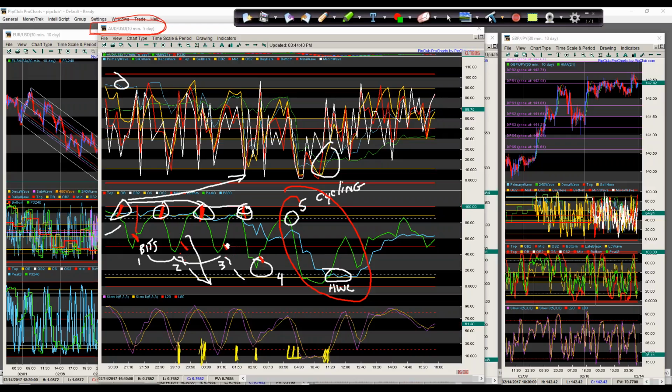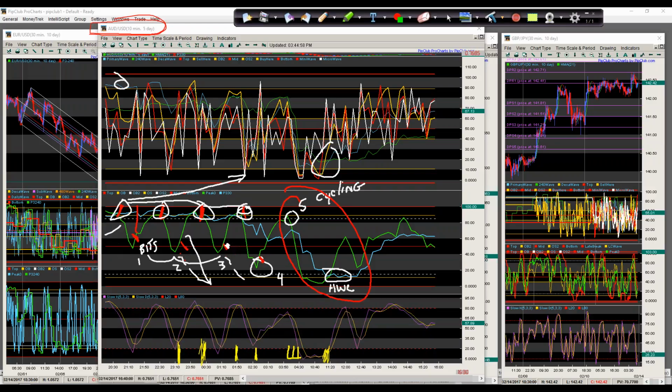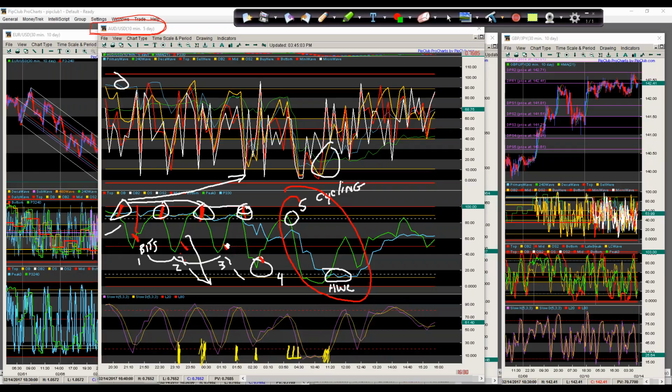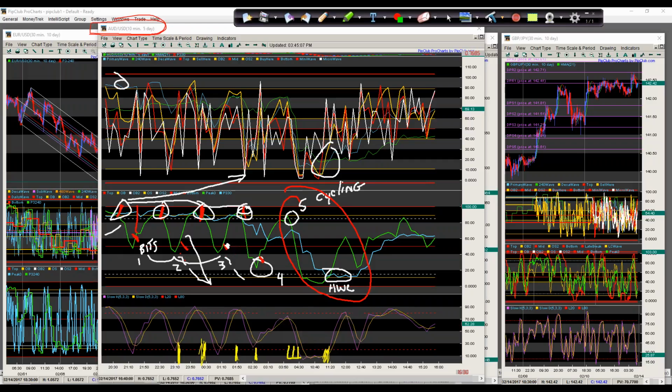LC is the LC in motive wave. We make an adjustment in motive wave to call it LC plus, because that's just to make up for the slight difference we see between IntelliCharts and motive wave, especially at extremes. So we stretch one side a little bit more than the other, and we get pretty darn close to what we see in IntelliCharts. At least we're all trading the same thing.